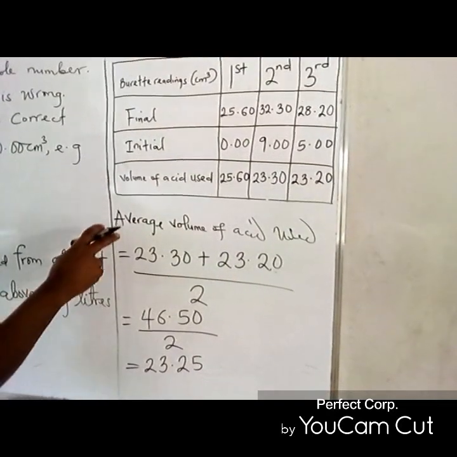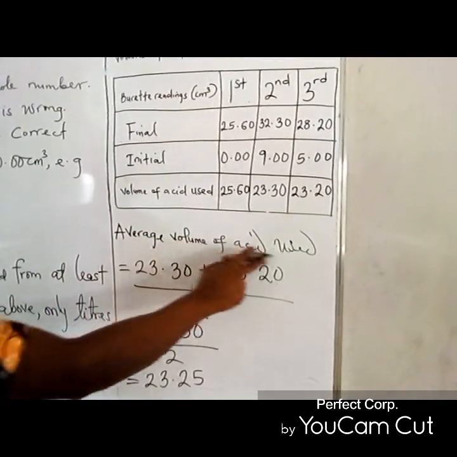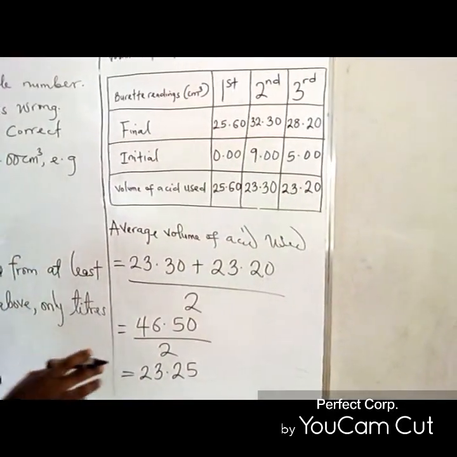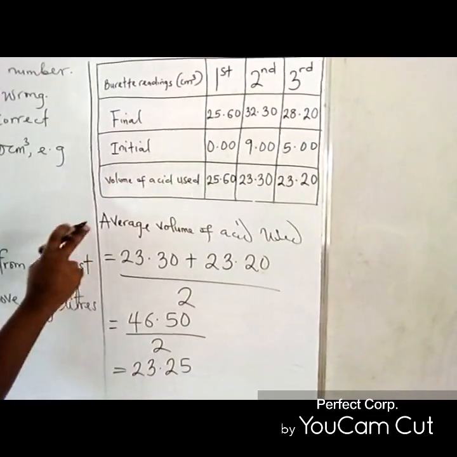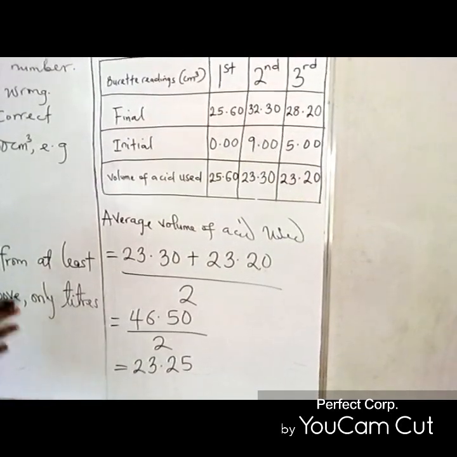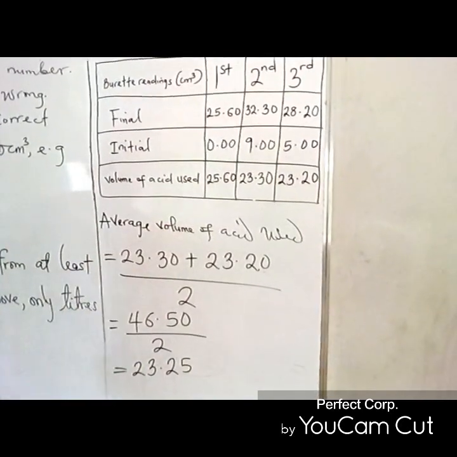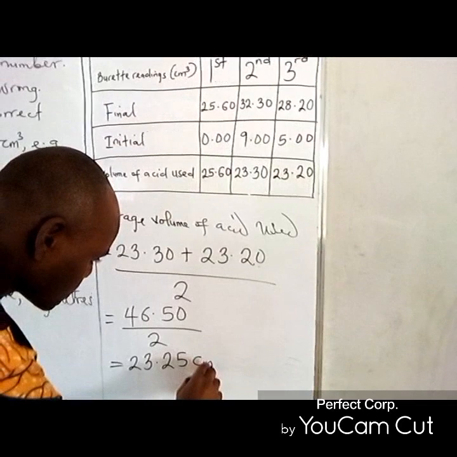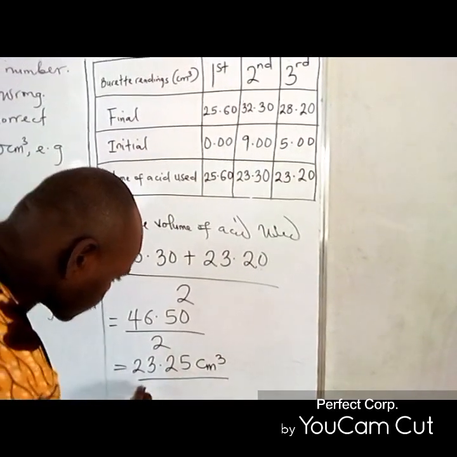Please, when you are calculating the average volume of acid used, always take note: once you arrive at the answer, always put the units to your answer. The unit of volume is cubic centimeter.